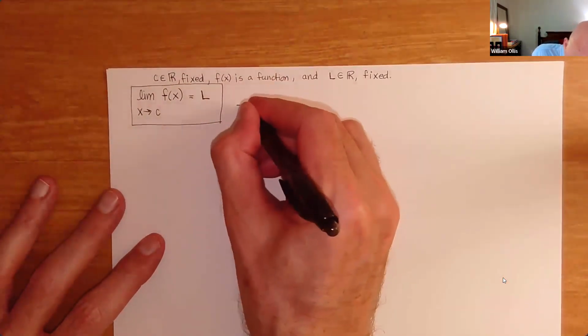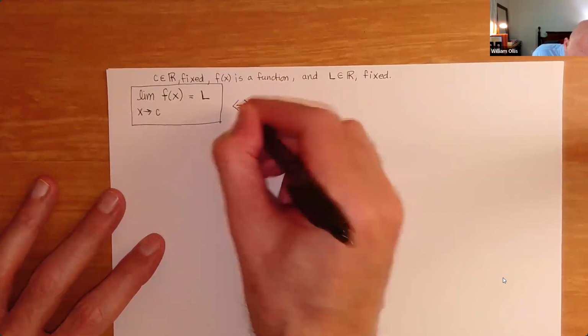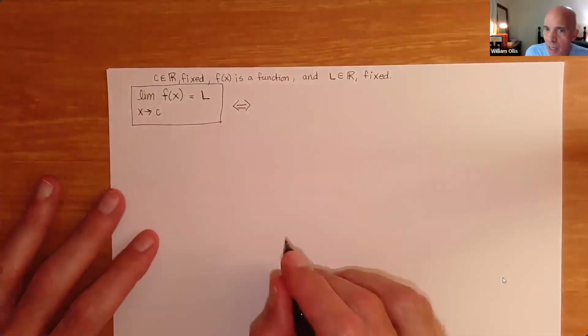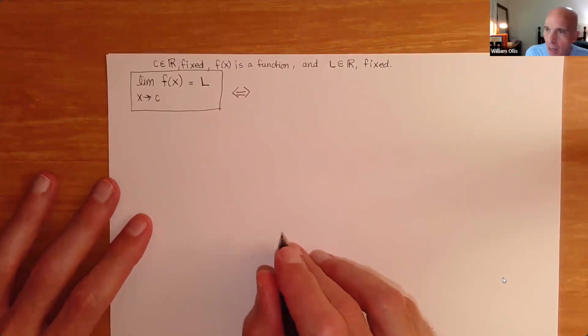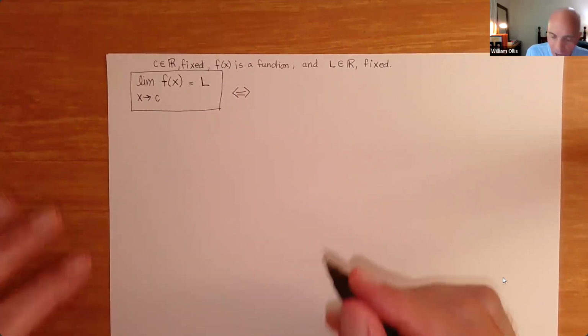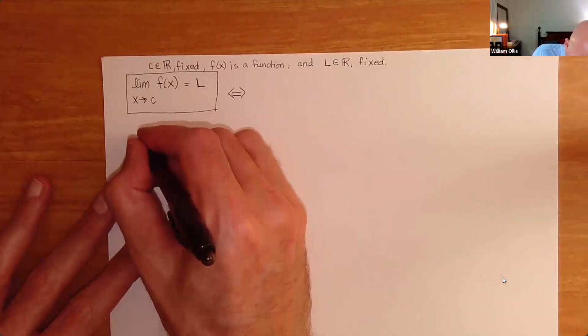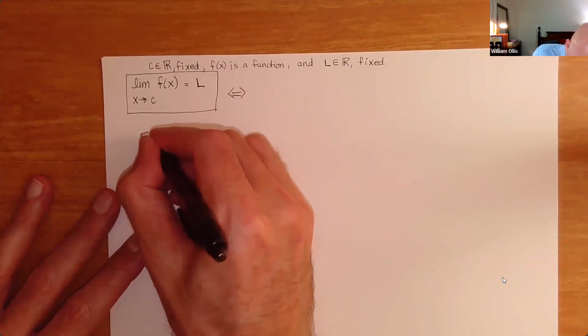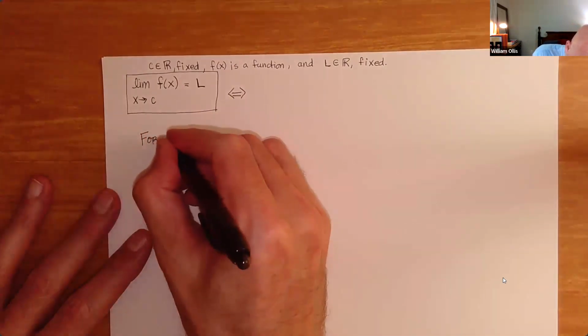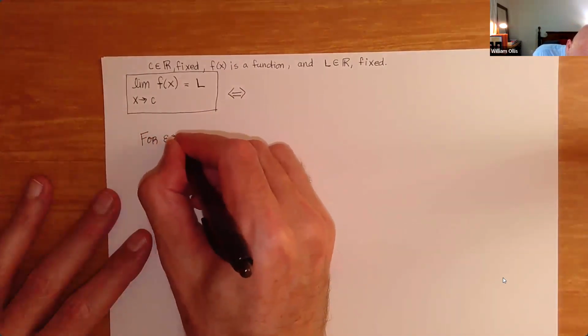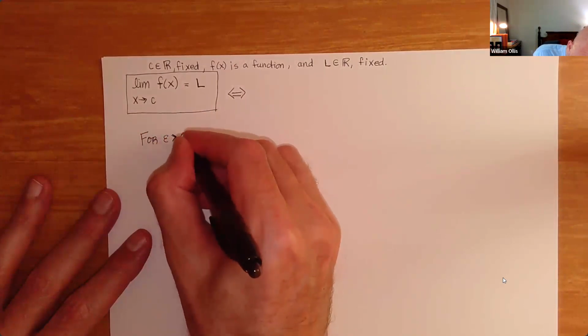So now we'll have if and only if. And I won't use the logical symbolism yet. I'll go ahead and write out the terms, but later on we might be a little bit more flexible. So for epsilon positive, and I'm just going to say for any.